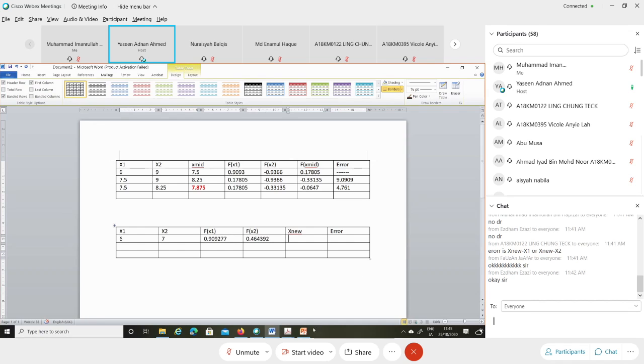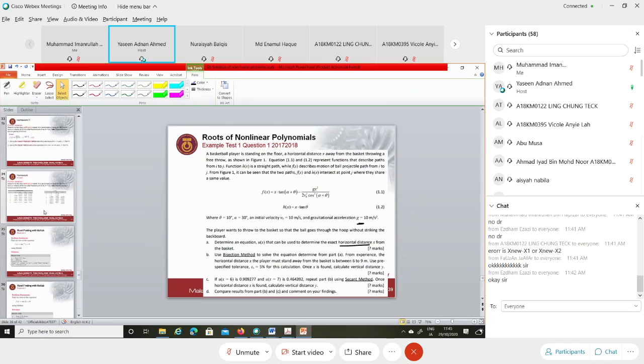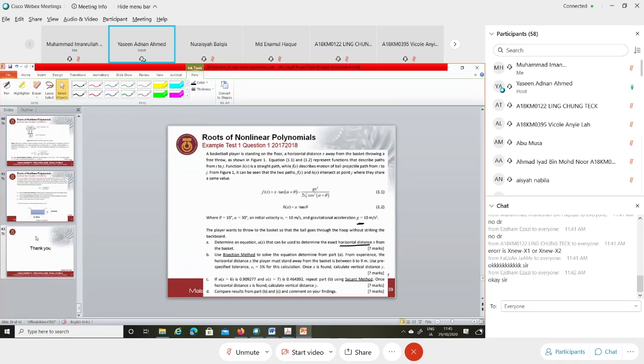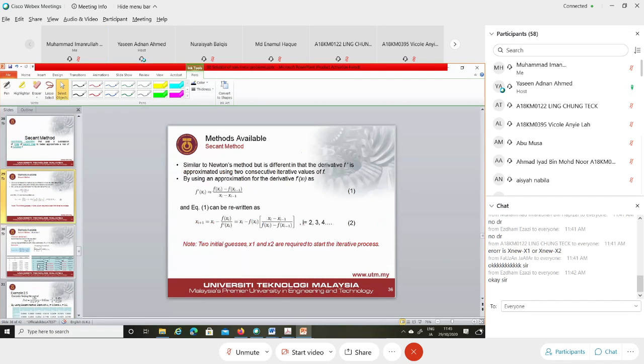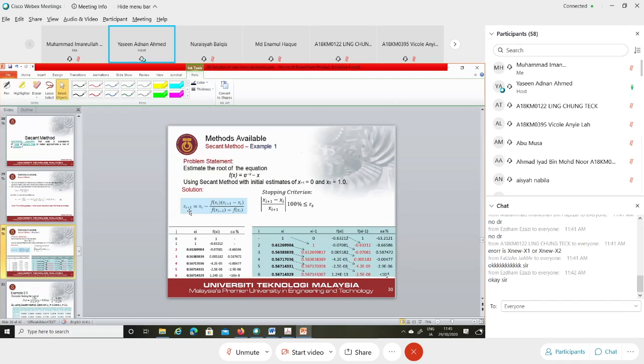X new will be what? So you know the method, you know the formula. So x new will be x old. Okay, just write it down. x new will be x2 minus, so you can see the order, i plus 1, i, and i minus 1.